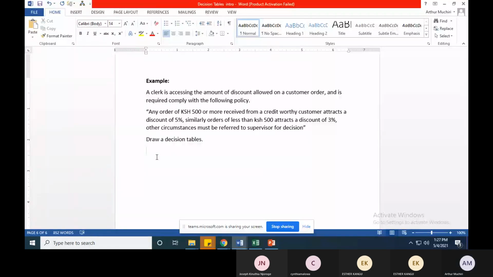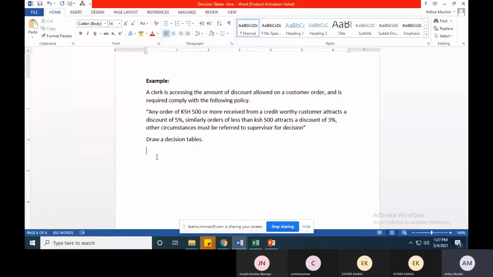So how many conditions do you have? Any order of Kenya shillings 500 or more. So you're going to evaluate that, that is a condition, of course. And it attracts a discount of 5%. Similarly, orders of less than 500 attract a discount of 3%.